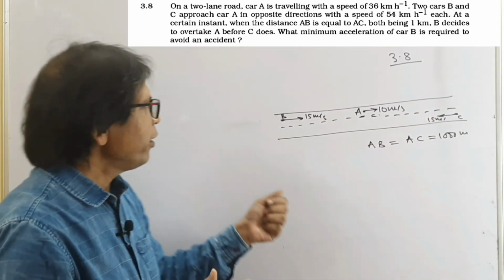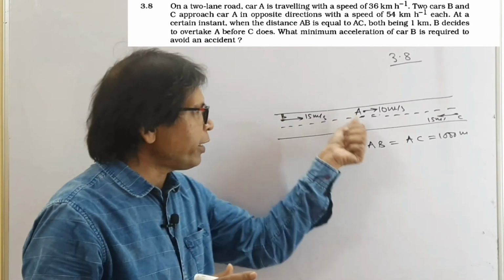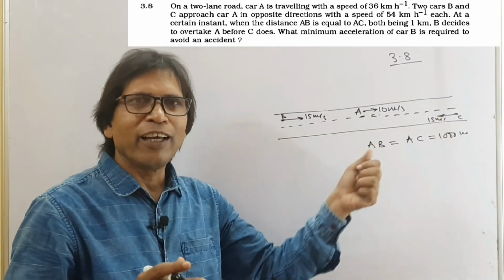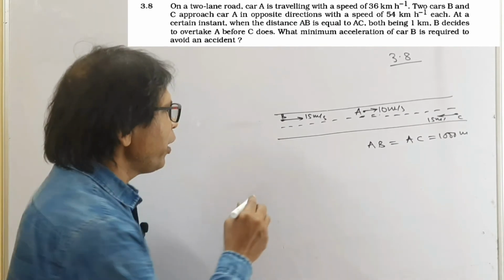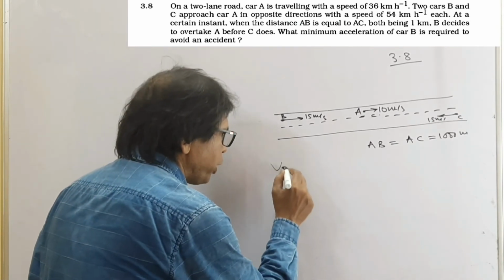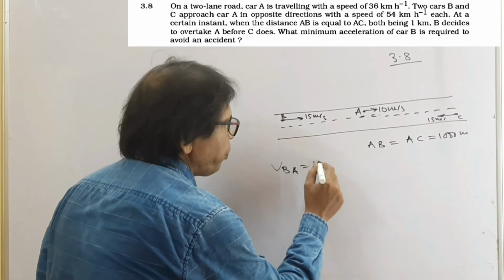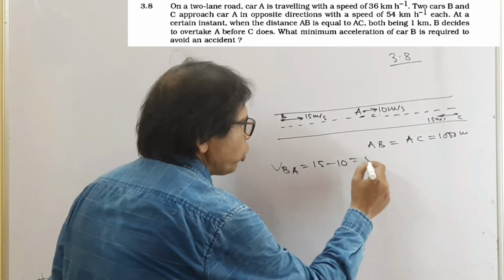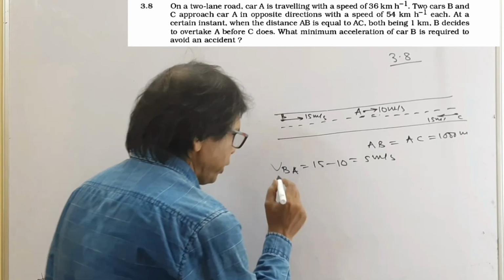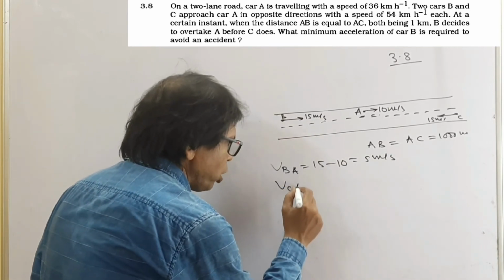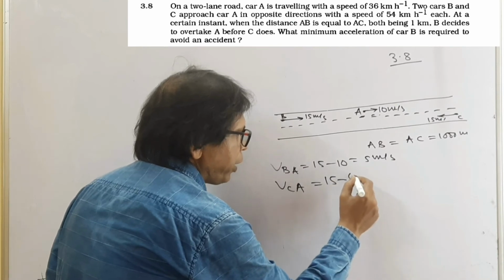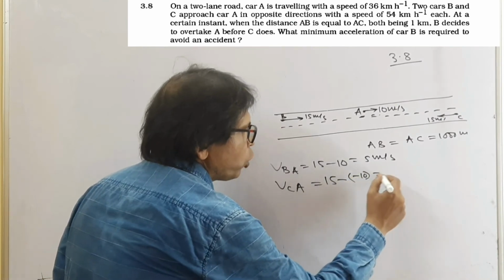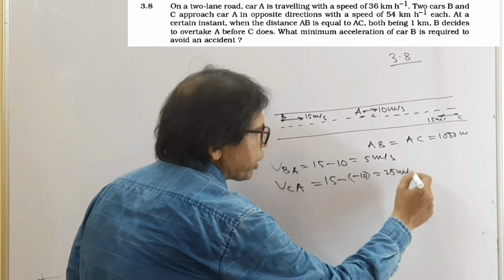Now B decides that B overtakes A before C. What is the acceleration of B? Now, relative velocity of B with respect to A is 15 minus 10, so this is 5 meter per second. Relative velocity of C with respect to A is 15 plus 10, so this is 25 meter per second.